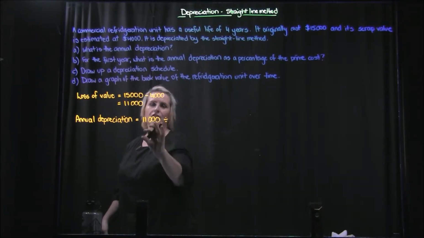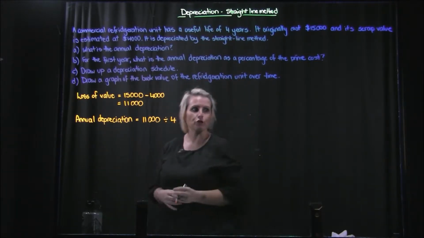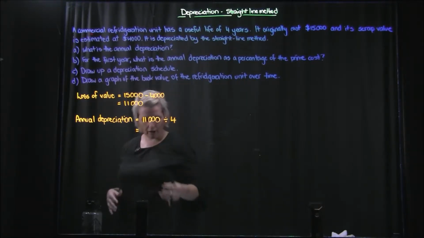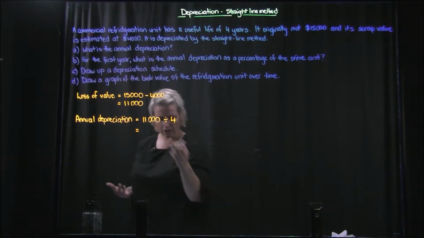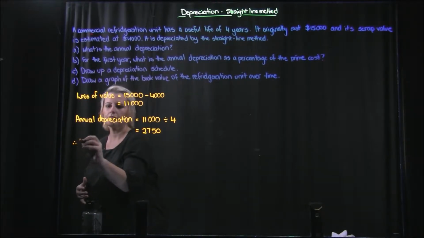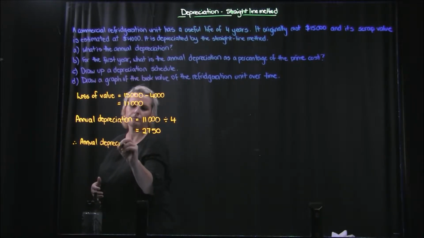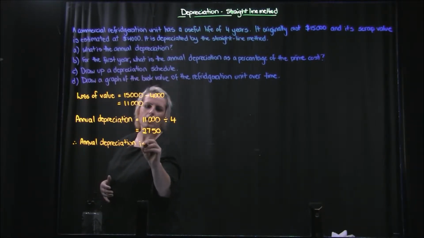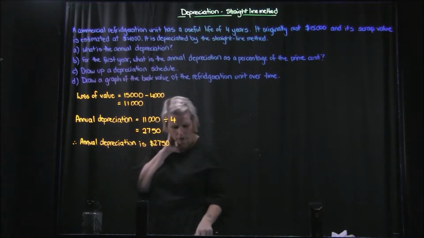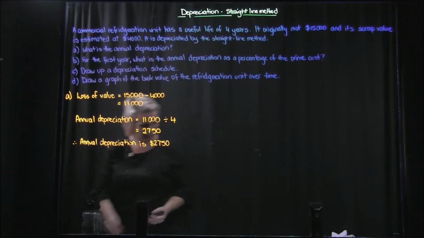So my loss of $11,000 over the whole time, I had it for 4 years, or the refrigeration unit was there for 4 years. So I lost that amount over 4 years. To find out how much it is every year, I divide it. So 2,750. My annual depreciation is $2,750.